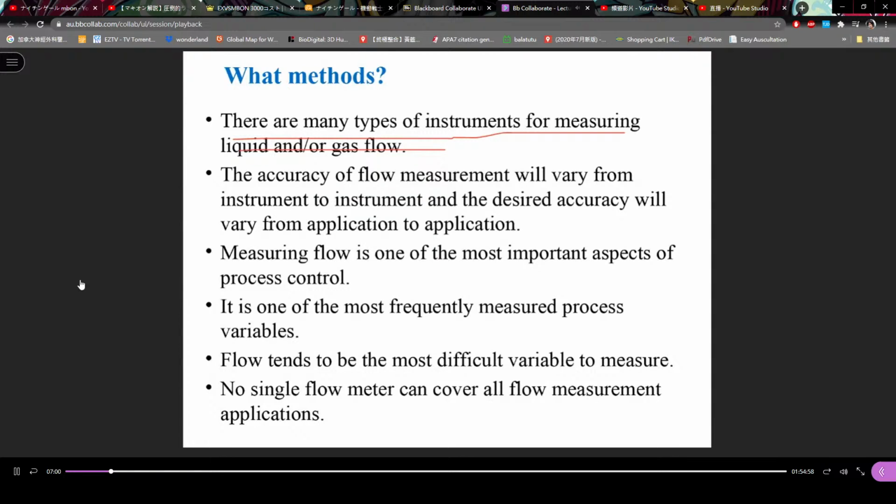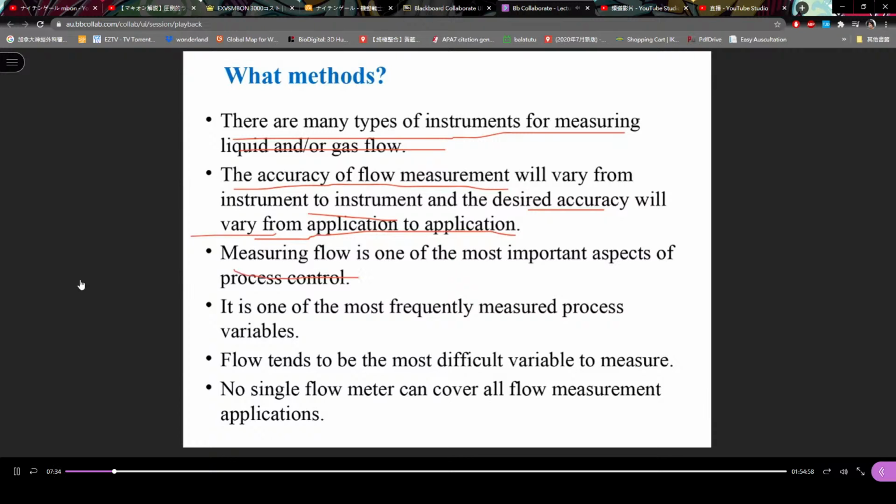The accuracy of flow measurement varies from instrument to instrument, and the desired accuracy will vary from application to application. So that's why I want to give you a full picture and introduce most of the available flow rate measurement instruments, so that you can choose the right method to measure your flow rate in the future.